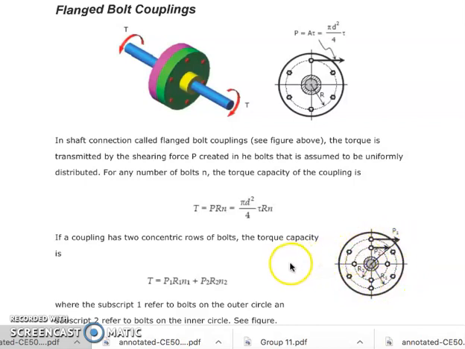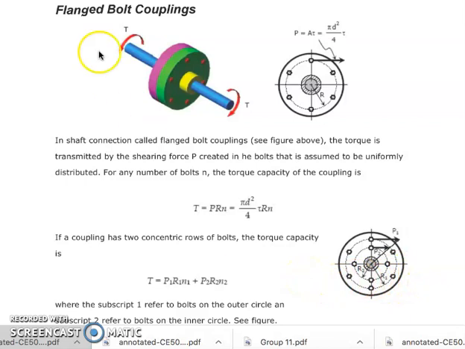The subscript 1 represents the outer circle, and the subscript 2 represents the inner circle. Of course, on the outer circle and in the inner circle, we have bolts, and they also create shearing forces. That is denoted by P sub 1 for the outer concentric row of bolts, and we have P sub 2 to represent the shearing force on the inner circle of bolts.